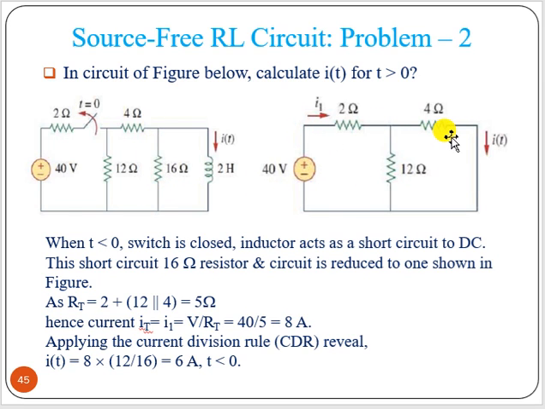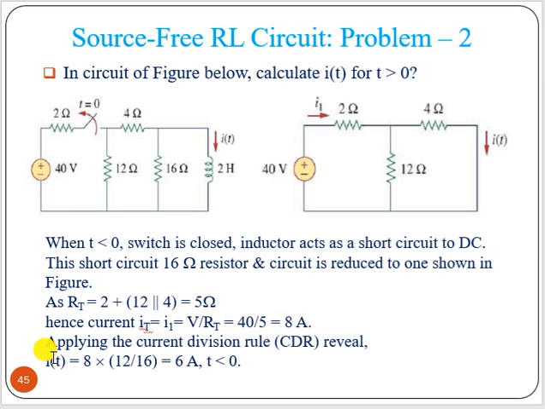Then what is the current flowing through this? This 12 and 4 are in parallel, and this is in series with 2 ohm. So total RT is 5 ohm. So I equal to V by 5, 8 ampere.